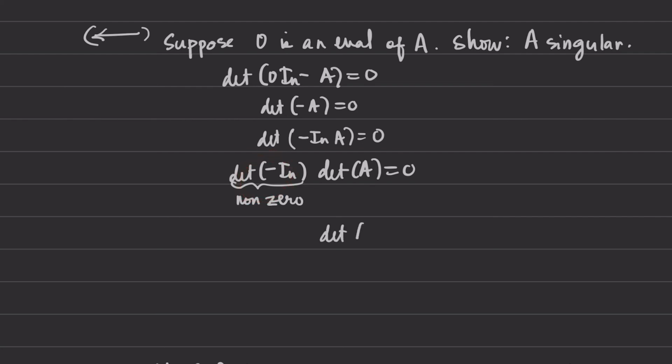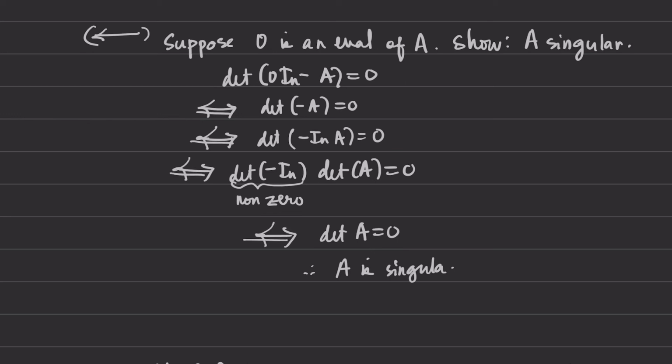So, the determinant of A is 0. Therefore, A is singular. Okay? Two-sided yan. Nagets ba yun?